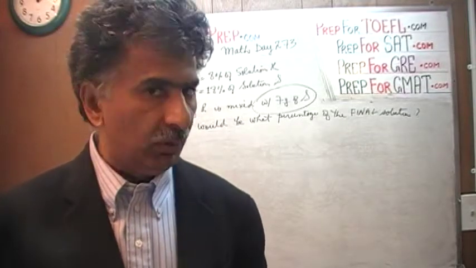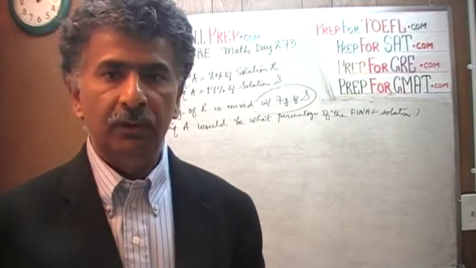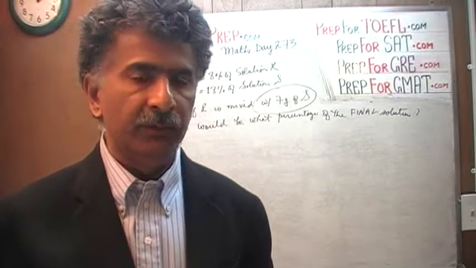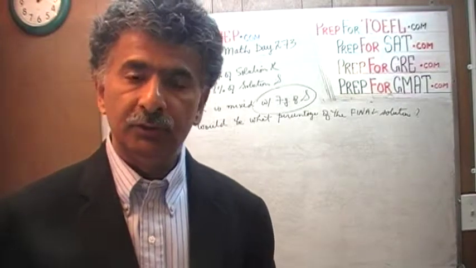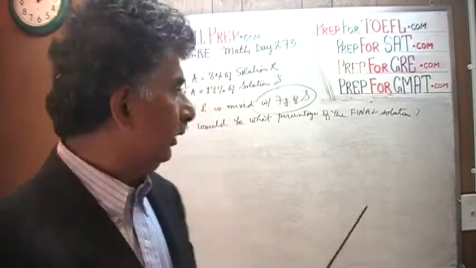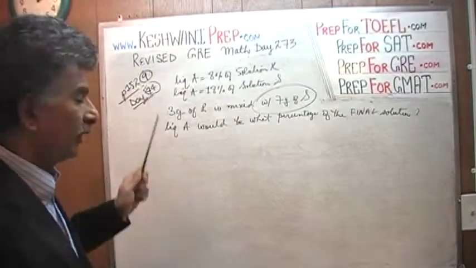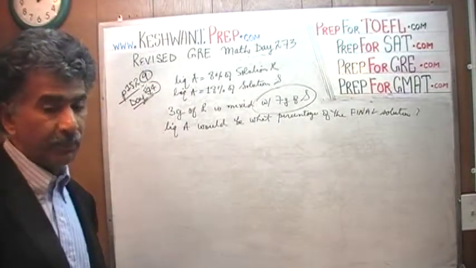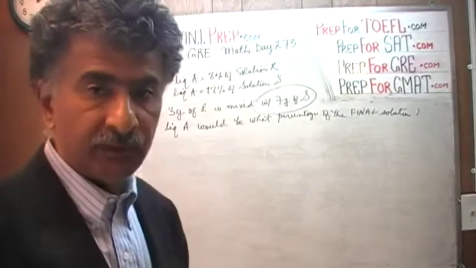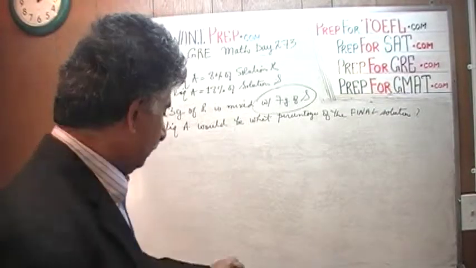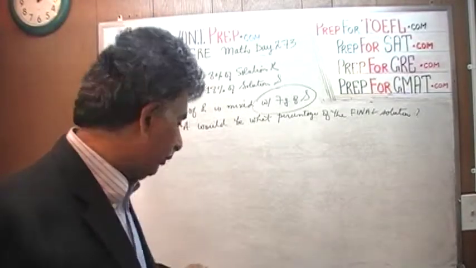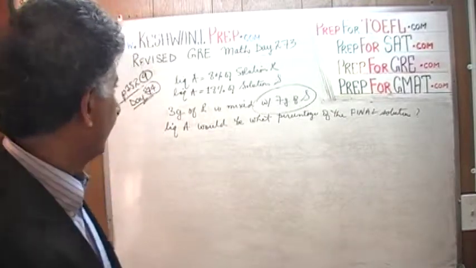We have already done all the problems in the first edition, so I'm going to redo them at a little bit of a faster pace. If you need extra help, if you need to go slower, you can go and watch day number 44. Here I'm not going to write everything down, I'm just going to explain it verbally. So here's what's going on.